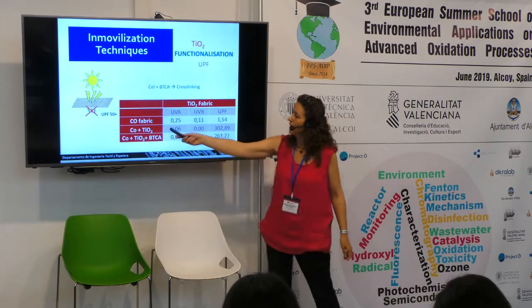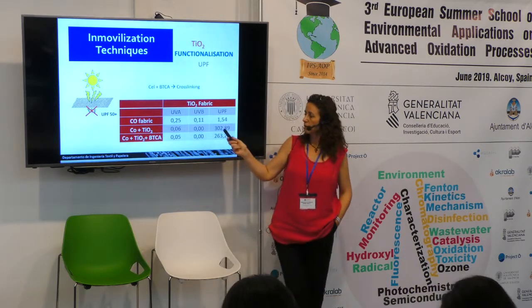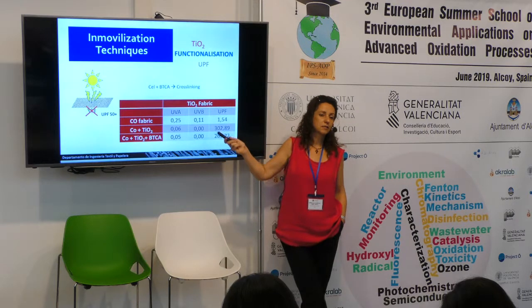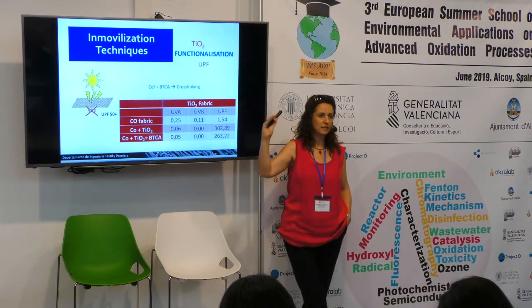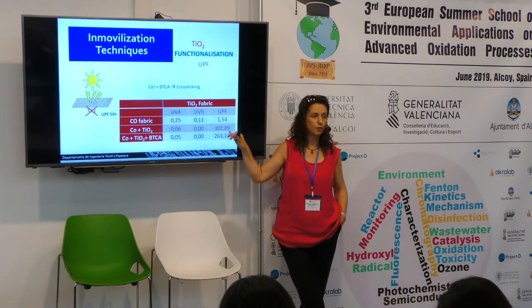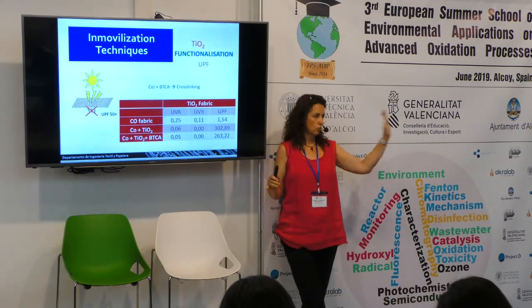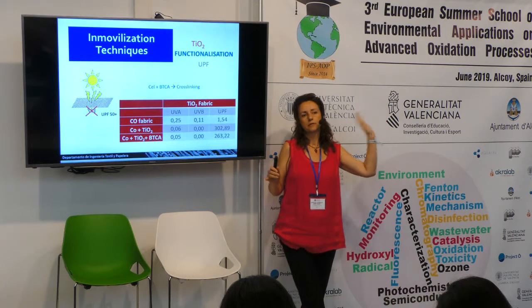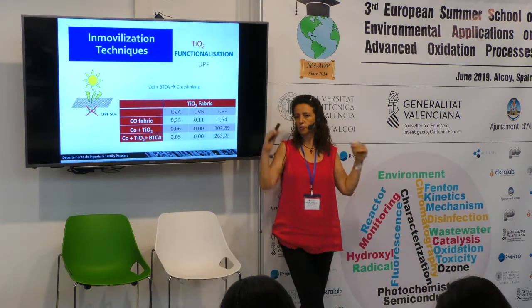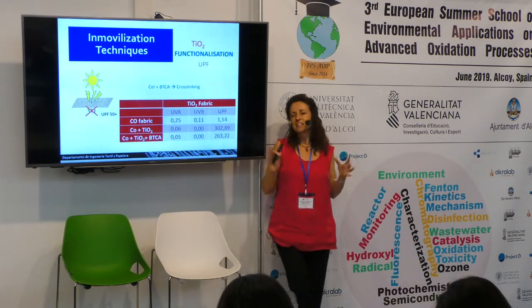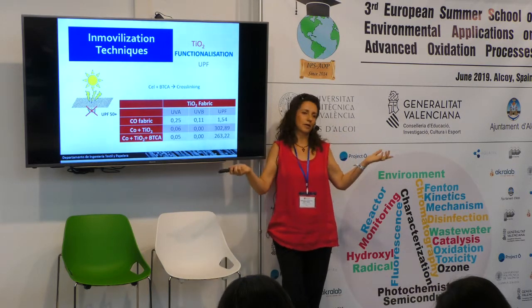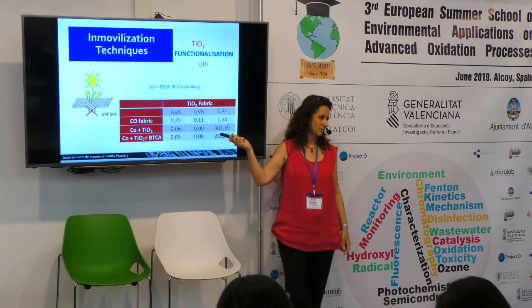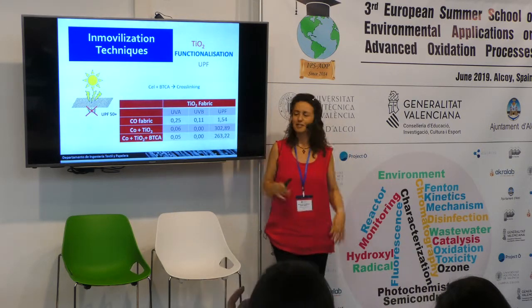But when we add the titanium dioxide, the value is 300. The top is 50. So the international standard says that if you have this value, 300, you need to stamp 50. You cannot say more, okay? Some brands say 50 plus, okay? But 50 is the top.